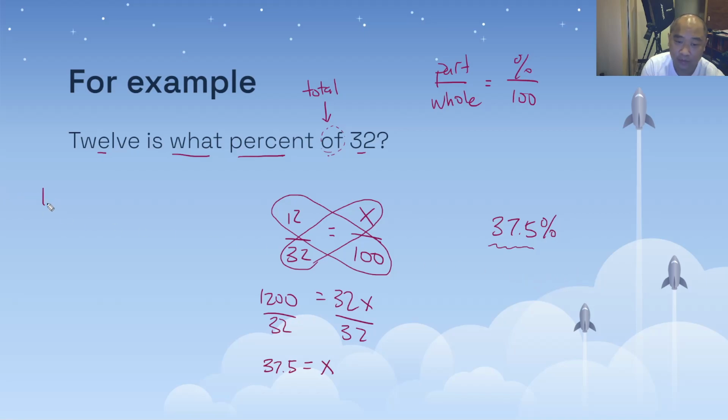So for example, 1 over 100 is the same thing as 1%, which is the same thing as 0.01, right? There are two numbers after the decimal, which means there are two zeros. So anyway, these three are different forms of writing the same number. So if we have 37.5, we just say that equals 37.5%. And that is the percent.